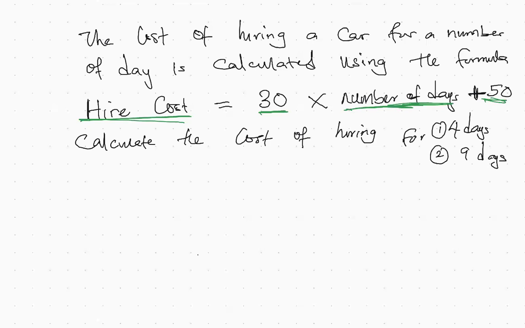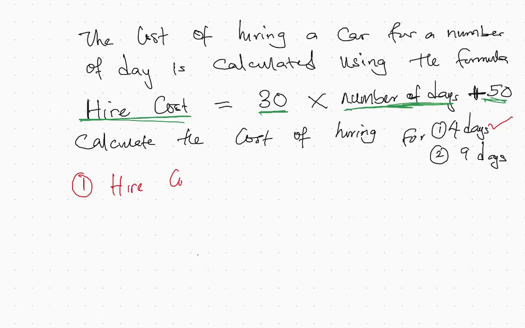So for 4 days, the hire cost will be equal to 30 times the number of days, which is 4.